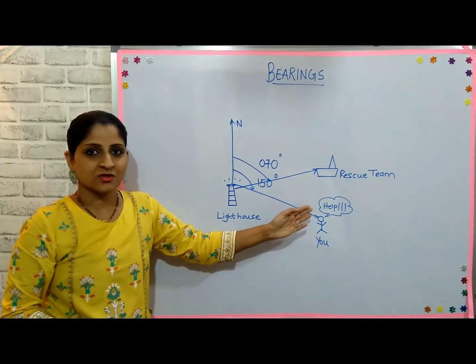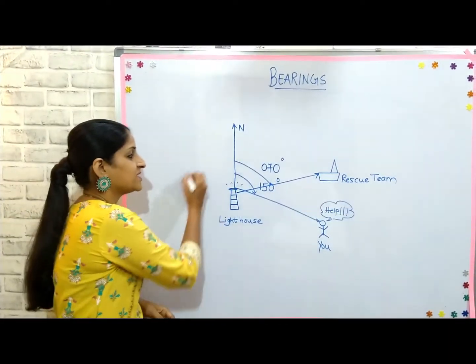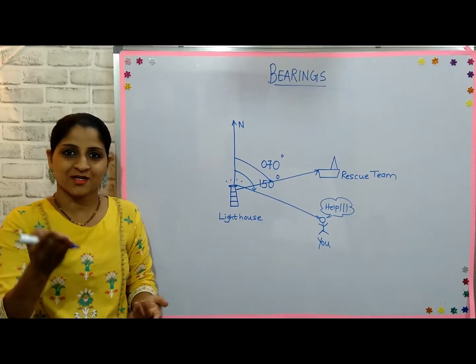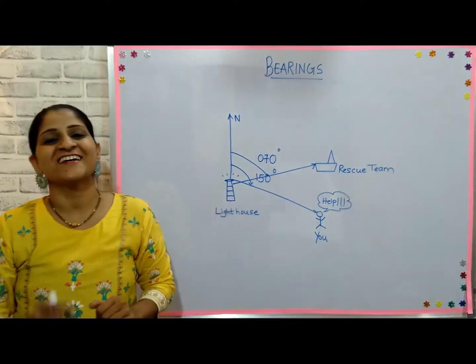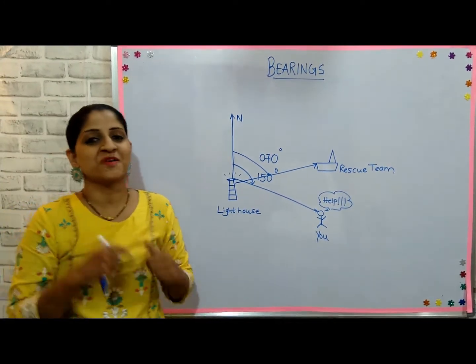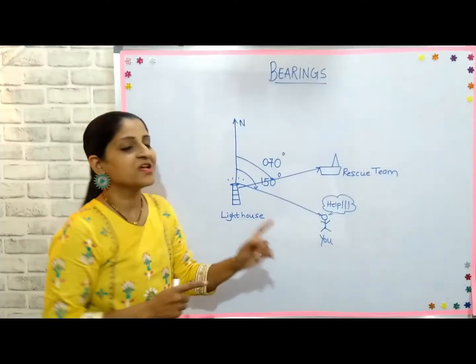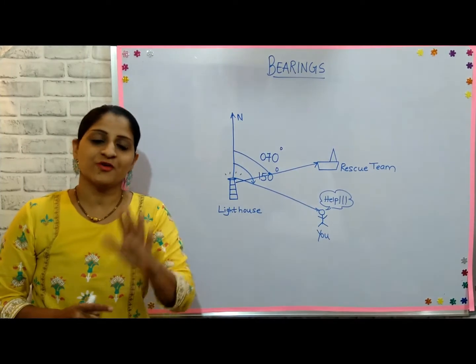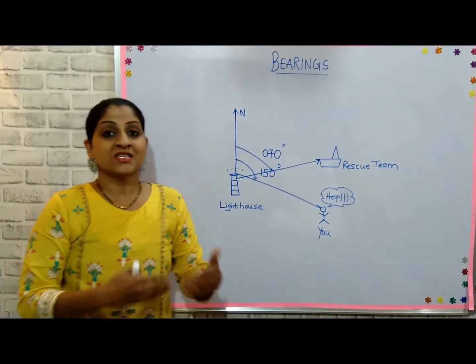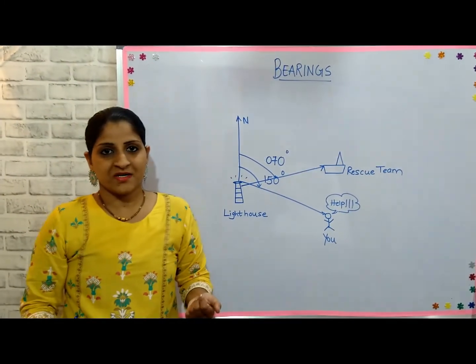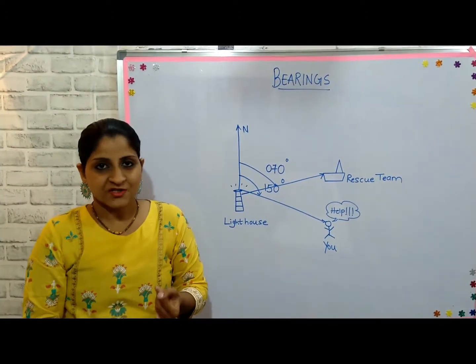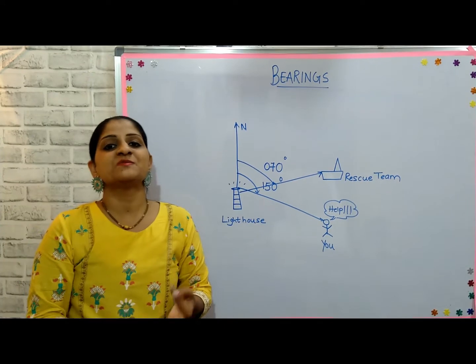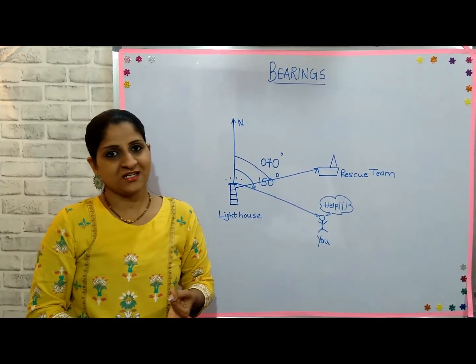Imagine if the rescue team measured the angles in the opposite direction about you, then you are gone. That's why it is important to measure the bearing from a fixed point and always follow the rule of clockwise direction. So these are the 3 rules of measuring bearing: from a fixed point, perpendicular north, always written in 3 digits, and always measured in a clockwise direction.